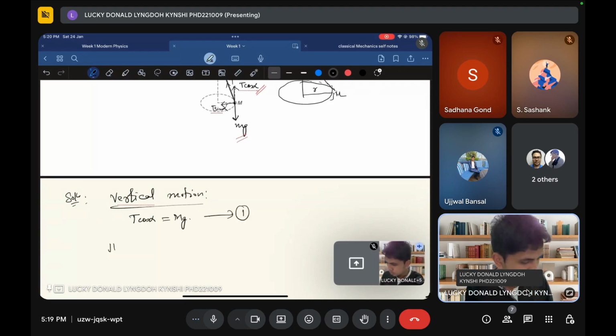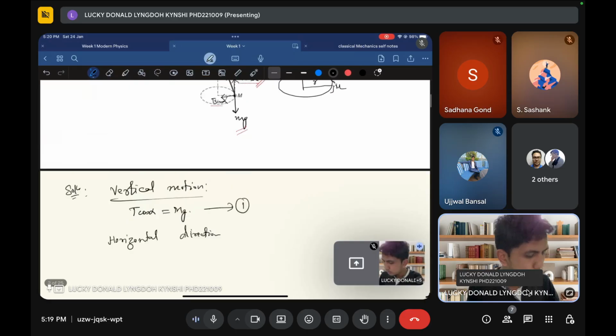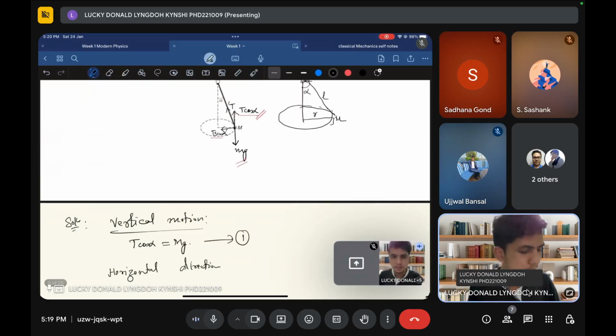Now what happens in the horizontal direction? There is a horizontal direction as well. First of all, you have a T sine alpha, a component of the tension which is in the negative direction, and also now the rod is trying to move in a circular path.